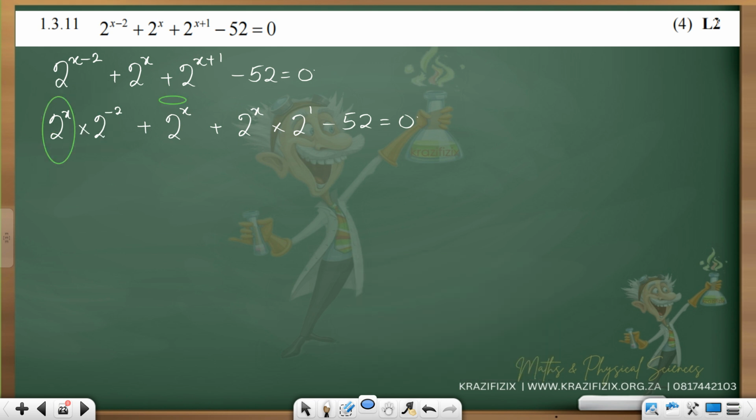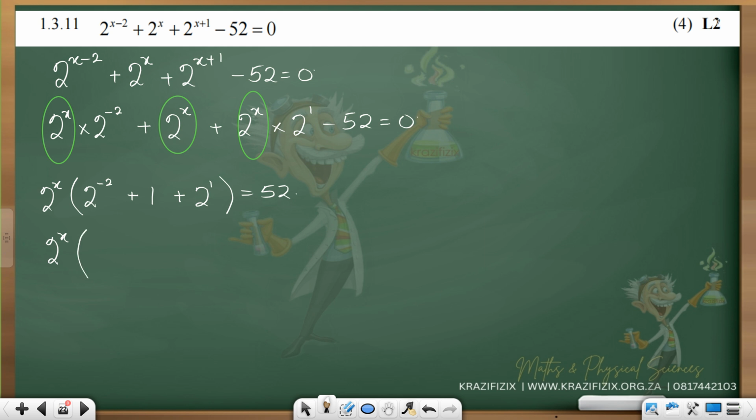The way you write is important. Write neatly. I see that 2 to the power x is common. So if I pull that out, what do I have left? 2 to the power negative 2 there, plus 1, plus 2 to the power 1. But only there. Oh, I can move the 52 over. Beautiful. So 2 to the power x. This is, I don't want to use a calculator, please.